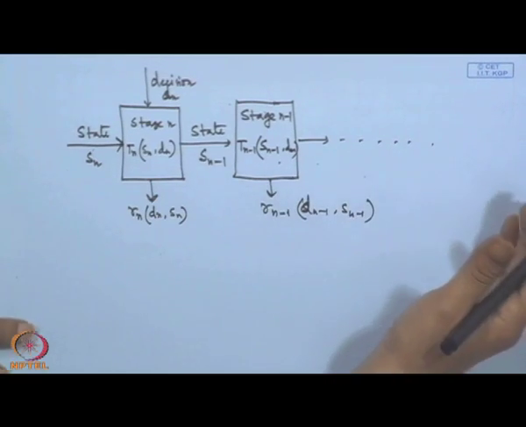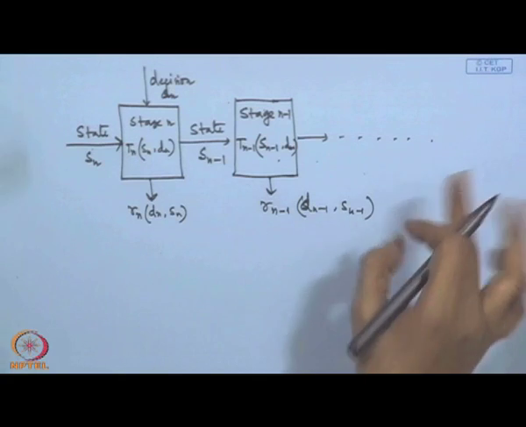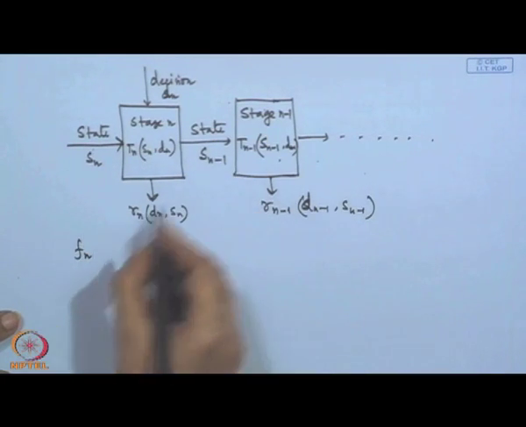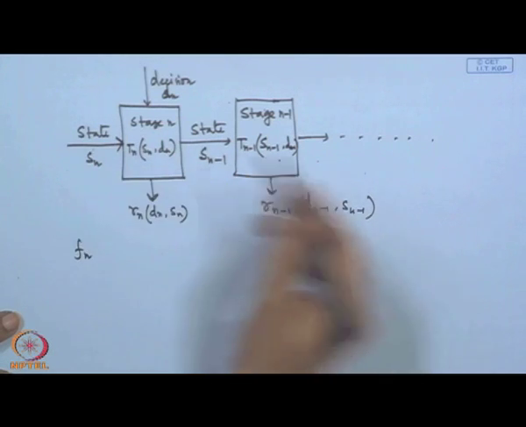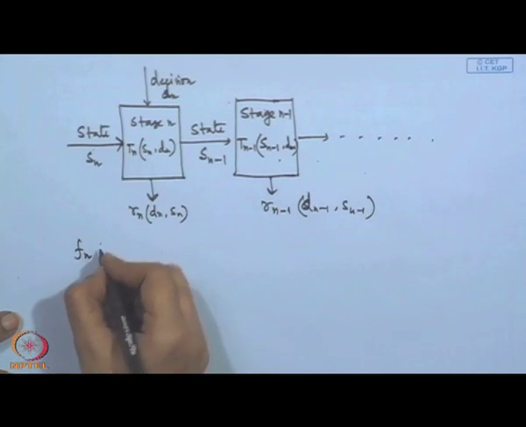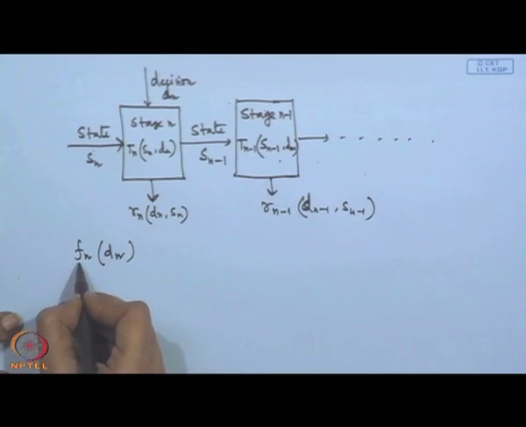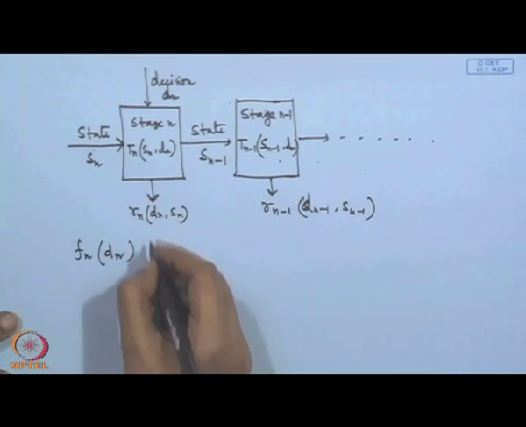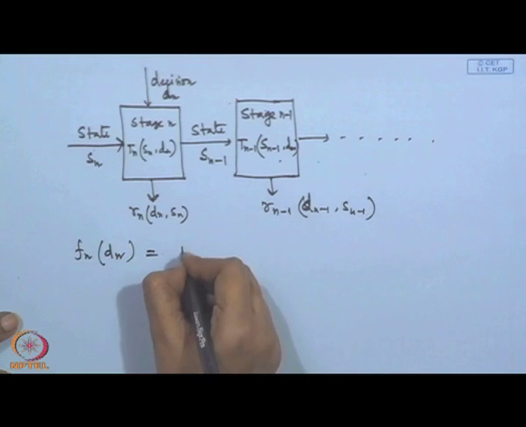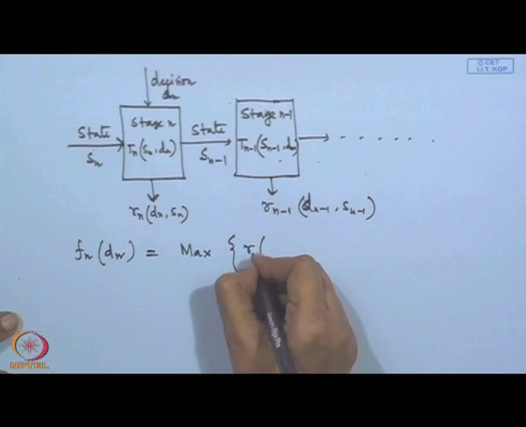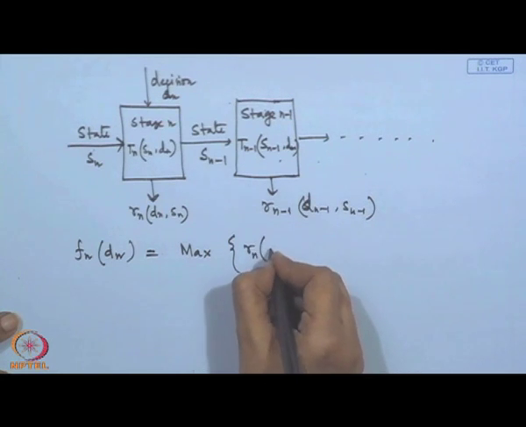If I want to write this fact in mathematical notation, whatever I have done in this figure, then we have to write that the objective functional value in the nth stage is equal to the maximization of the return of individual stages.